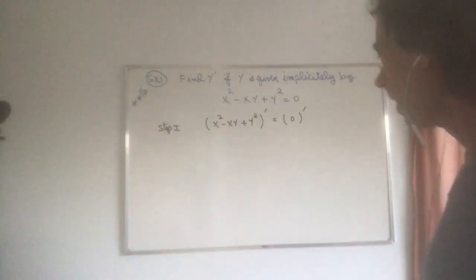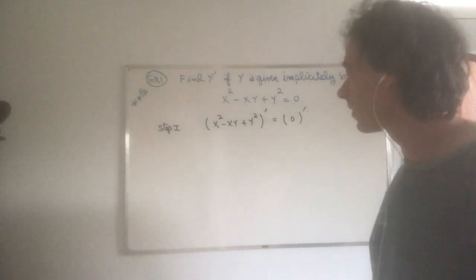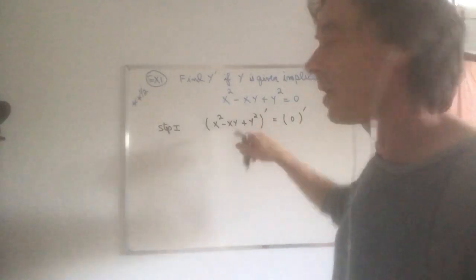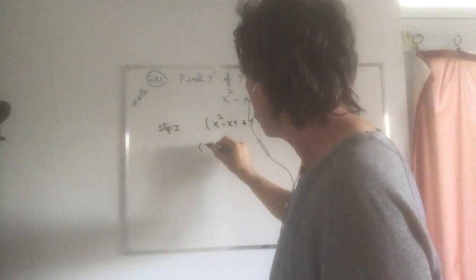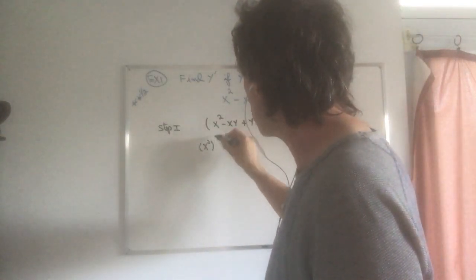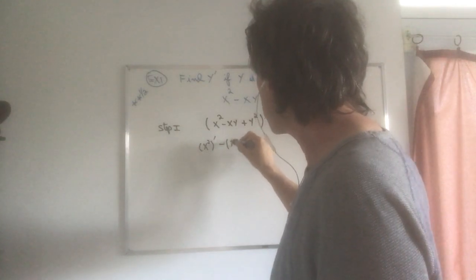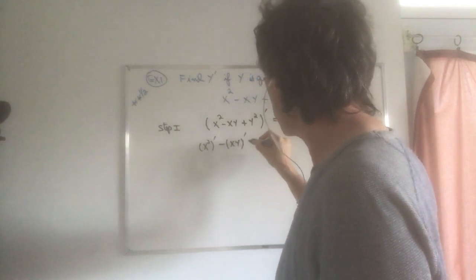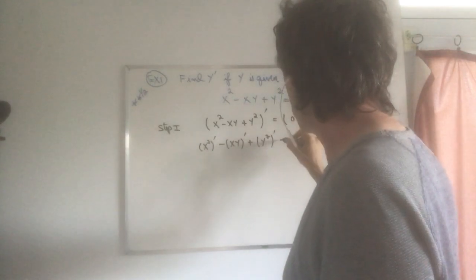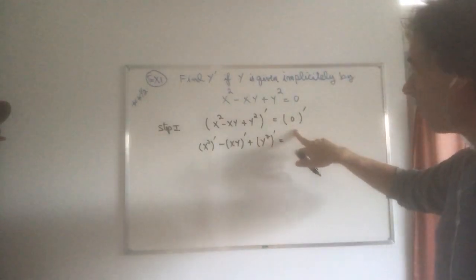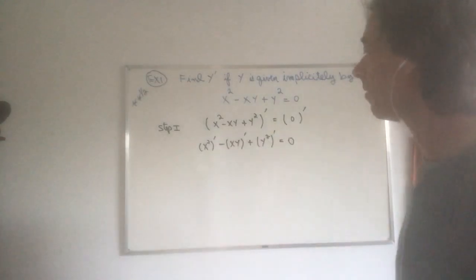Now how shall I derive the left-hand side? Well, I got a minus and a plus, so let me take my time and take the steps here. So this should go x squared prime minus xy prime plus y squared prime. And like we said before, the derivative of 0 is 0.